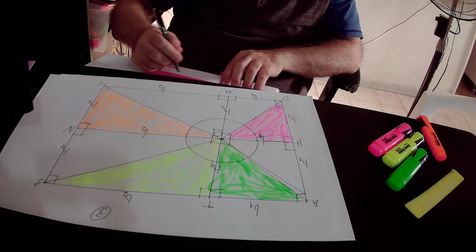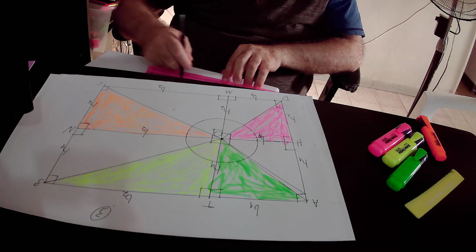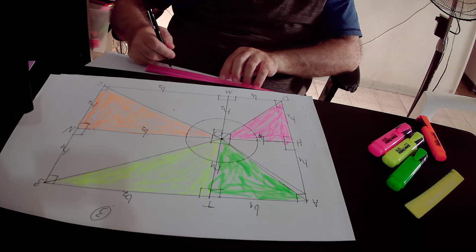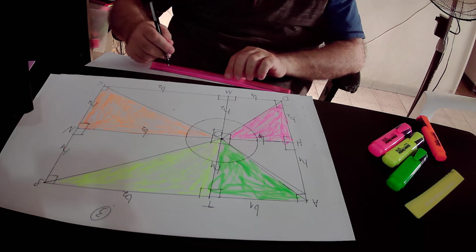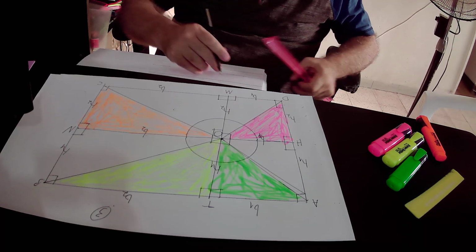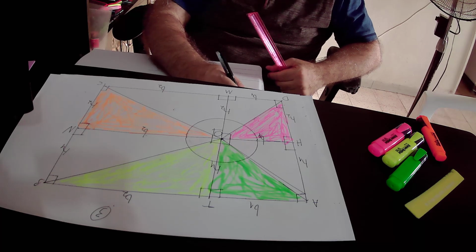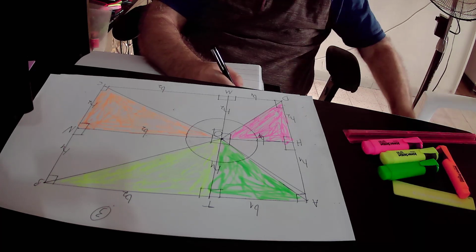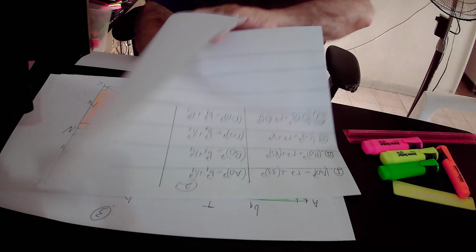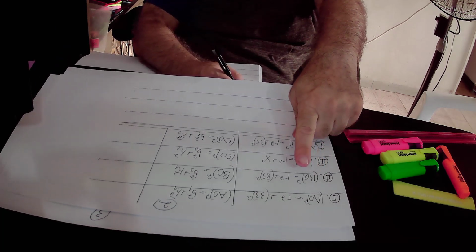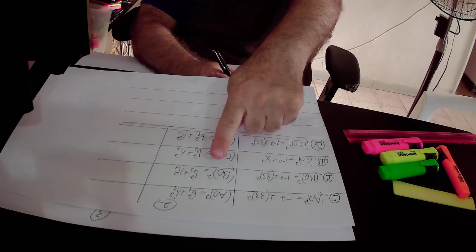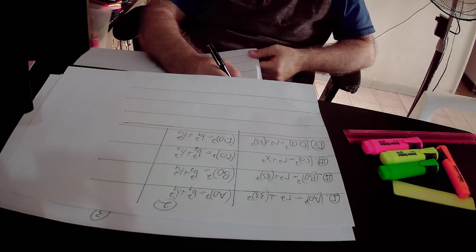According to equation number 1, AO square according to the first expression must be equal to AO square according to the second expression.